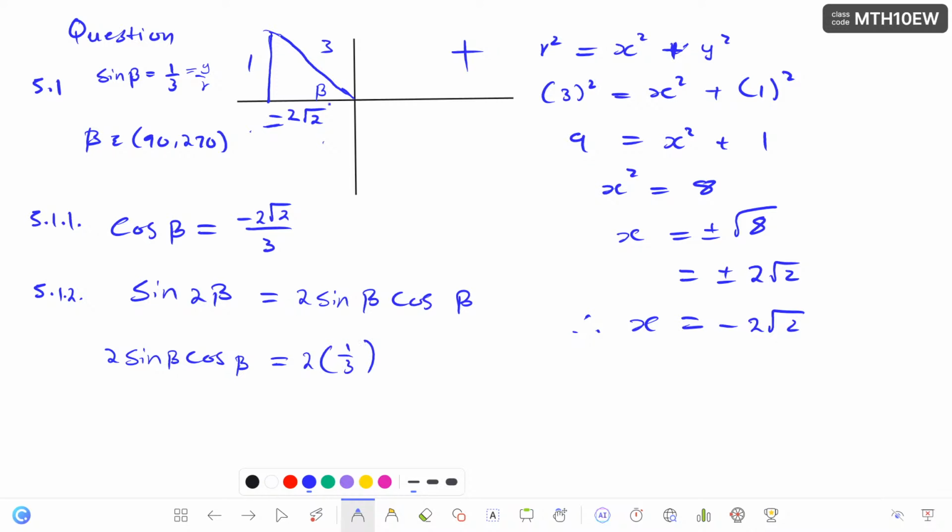What is cos beta? Cos beta is adjacent over hypotenuse, so it's going to be negative 2 root 2 divided by 3. So this is going to give us negative 4 root 2 over 9. They're going to give you, I think, 3 marks for that.